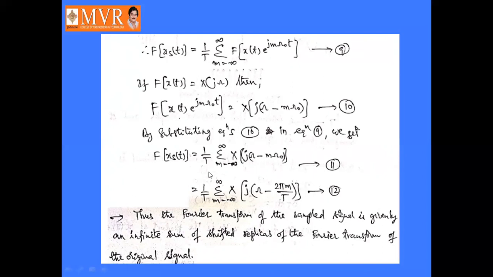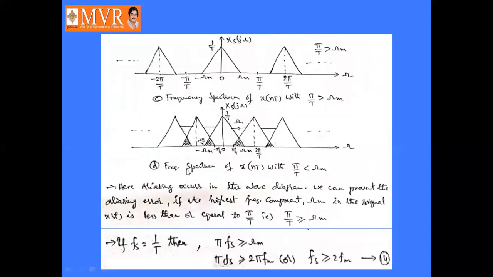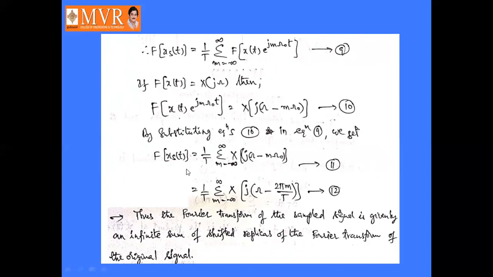So the Fourier transform of xs of t is nothing but 1 by T times sigma m is minus infinity to infinity X of j into omega minus 2 pi m by T. So the Fourier transform of the sampled signal is given by an infinite sum of shifted replicas of the Fourier transform of the original signal.